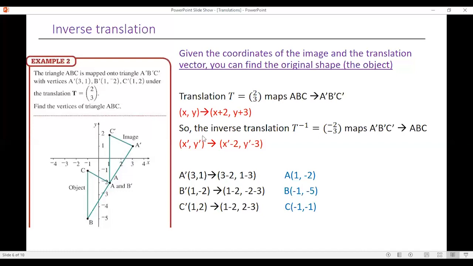So the inverse translation T minus 1 with coordinates minus 2, minus 3 maps triangle A prime, B prime, C prime into triangle ABC, where all x prime, y prime coordinates become x prime minus 2, y prime minus 3. You can see all the operations done here for the vertices of the triangle A prime, B prime, C prime. And you get the vertices of the triangle ABC.